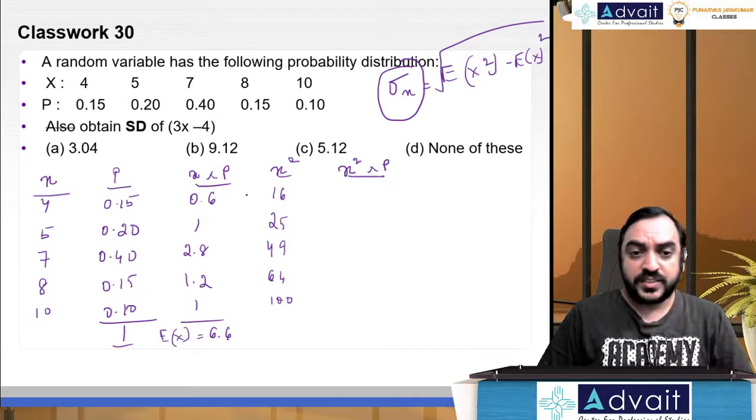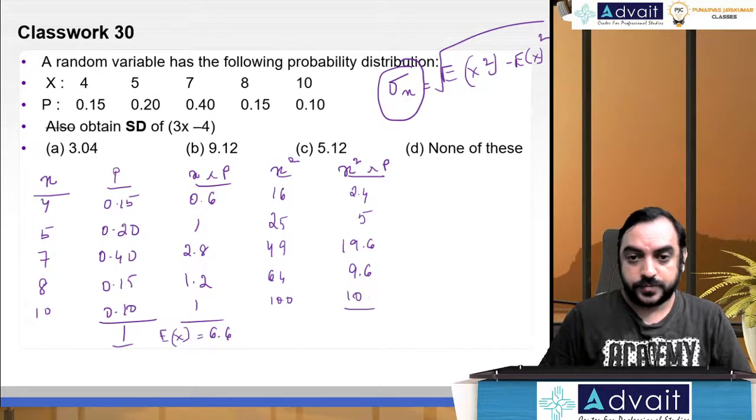Then x square into p: 16 into 0.15, 2.4; 25 into 0.2, 5; 49 into 0.4, 19.6; 0.15 into 64, 9.6; 0.1 into 100, 10. And total, 46.6. This is E of x square.